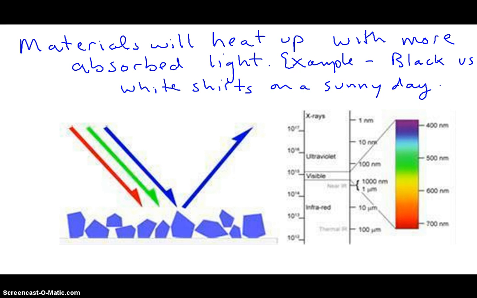Now if we look at the diagram here, we have some substance on the bottom, and the light coming in has all the different wavelengths, and the red and the green will be absorbed by the material, and the blue is what's reflected. That's what we perceive that color to be. So when we look at that object, we see it as blue because it's reflecting blue wavelengths.